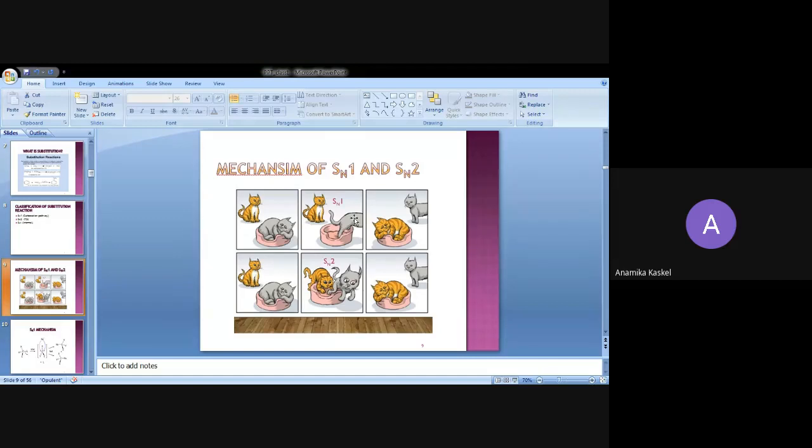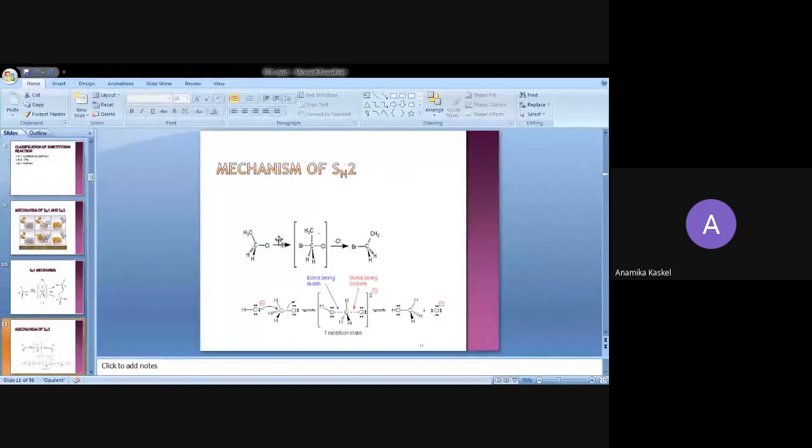You just know that in the Sn1 mechanism, these two cats can share their bed, but not at the same time. First the gray cat will leave, and then the yellow cat will come and take its position. But in Sn2, yellow and gray are both sharing. In the Sn2 case, Br- is attached from this side while Cl-, the leaving group, is also present.